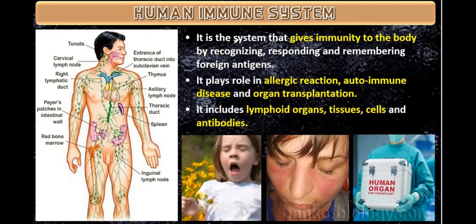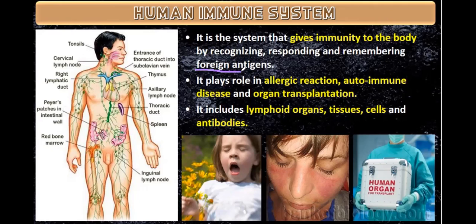So what is the human immune system? It is the system that gives immunity to the body by recognizing, responding, and remembering foreign antigens. A foreign antigen may be any bacteria, virus, fungus, or chemical.